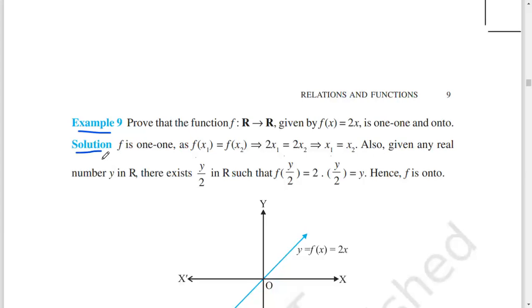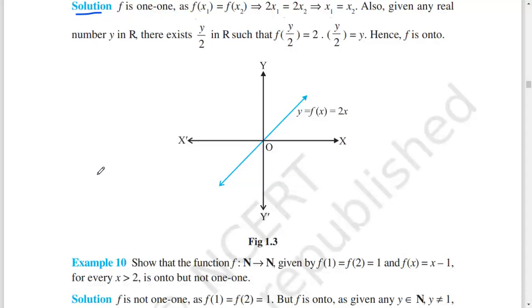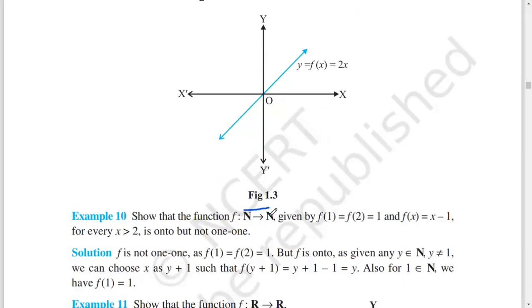Also, given any real number y in R, there exists y by 2 in R such that f(y by 2) equal to 2 into y by 2 equal to y. Hence f is onto. Figure: y equal to f(x) equal to 2x.